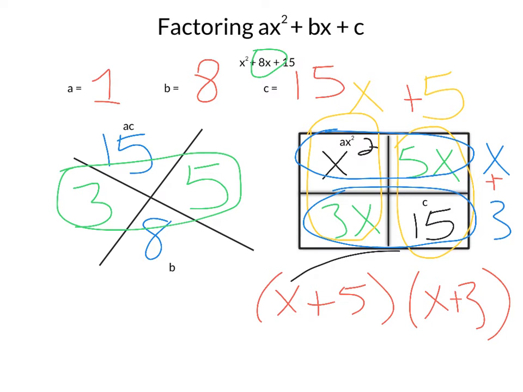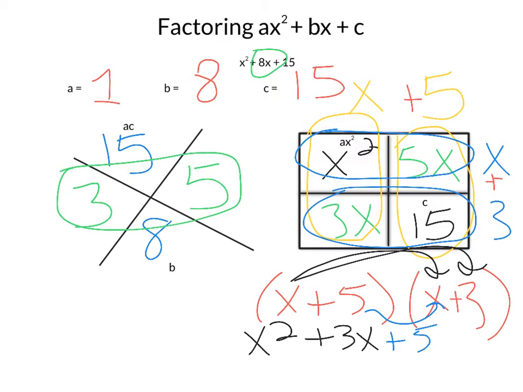So if I multiply x times x, I get x squared. X times 3 is 3x. Then if I distribute through the 5 times x is 5x, and 5 times 3 is 15.